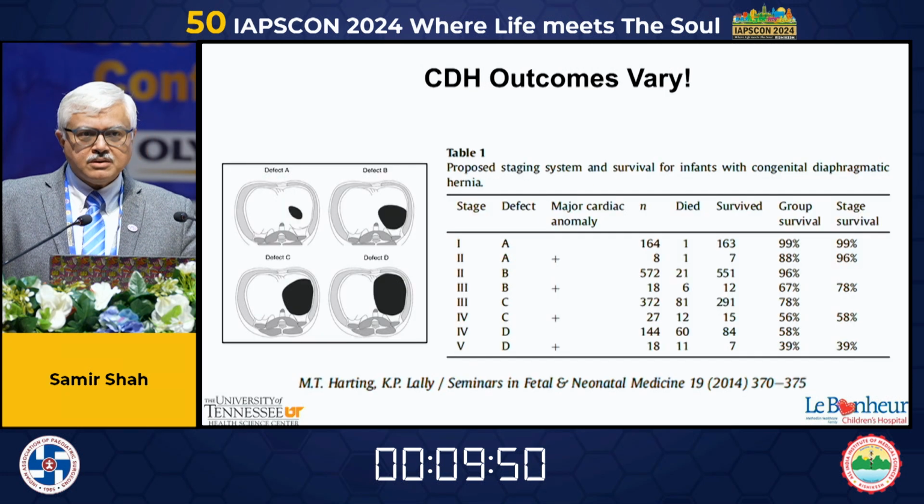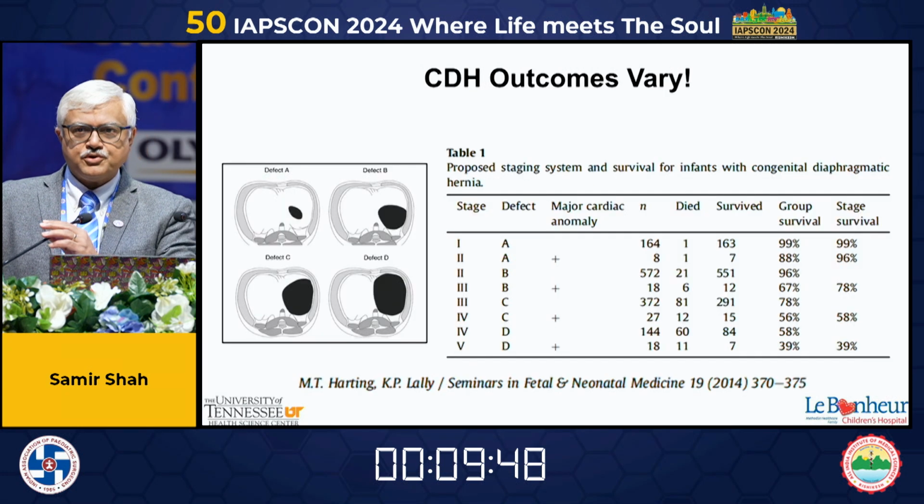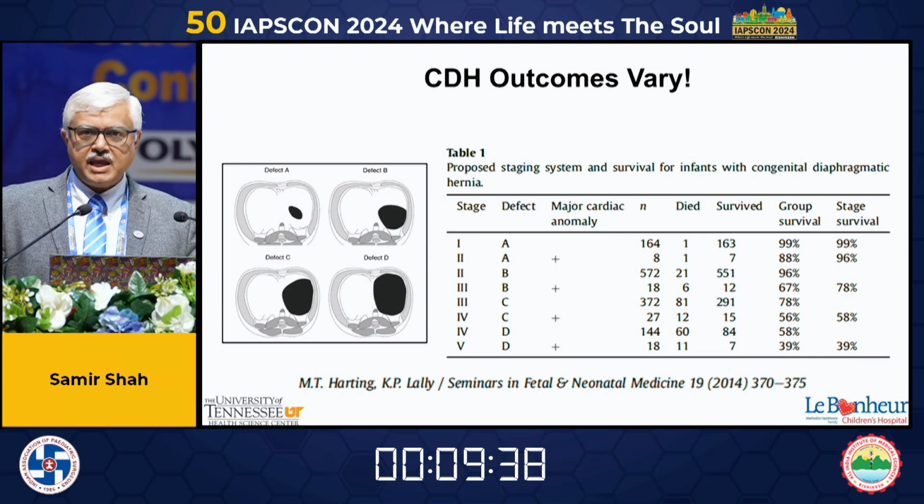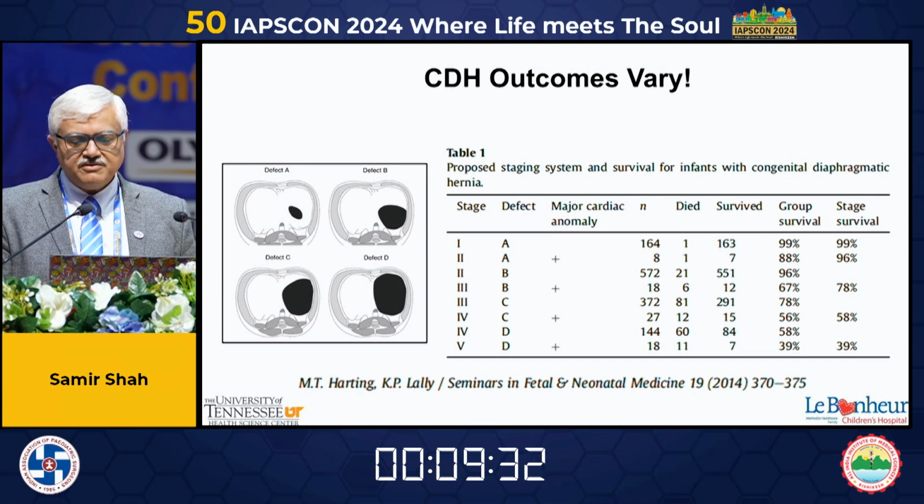Not all outcomes come out to be the same, unfortunately. CDH outcomes vary, and as you can see on my left-hand side, there are four classes of defects ranging from A to D, depending upon the size. What's more important is that you will see the stage survival in some of these patients is really very different.